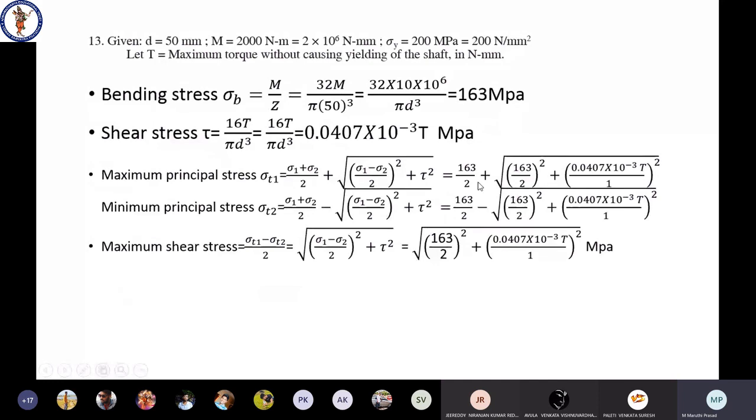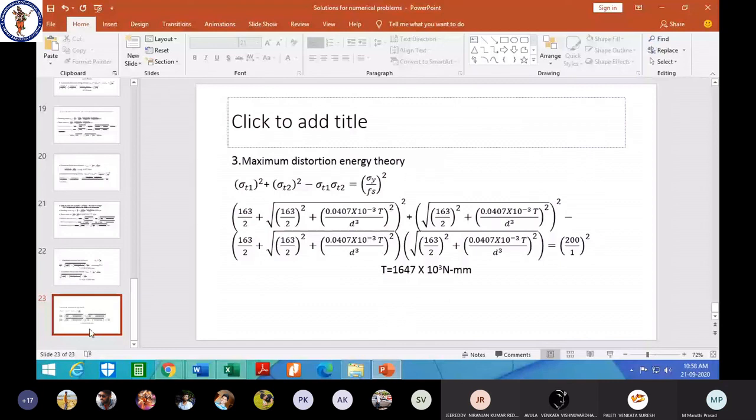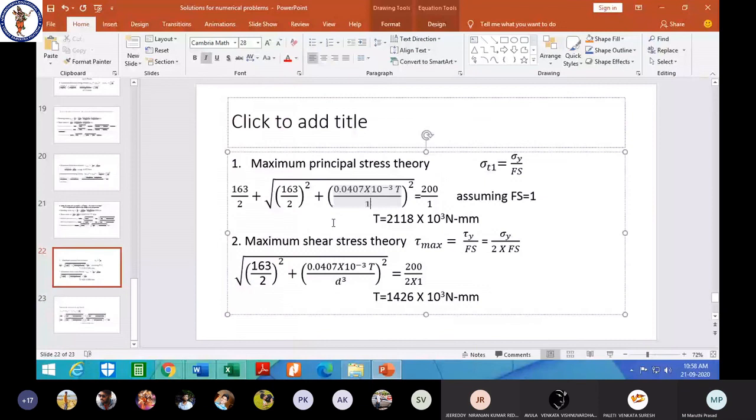Already sigma T1 is calculated here: 163 by 2 plus root of 163 by 2 whole square plus 0.0407 into 10 power minus 3 T whole square, which equals 200 by 1.